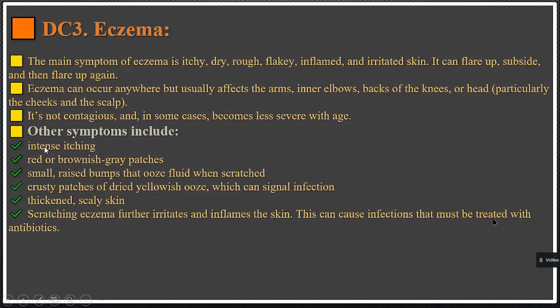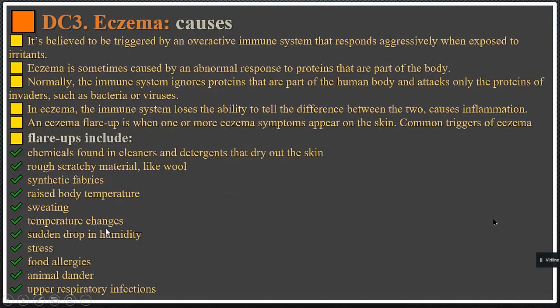Other symptoms can be intense itching, red or brownish gray patches, small raised bumps that ooze fluid when scratched, crusty patches of dried yellowish ooze, and scaly skin. Scratching eczema further irritates and inflames the skin, so this can cause infection and must be treated with antibiotic.